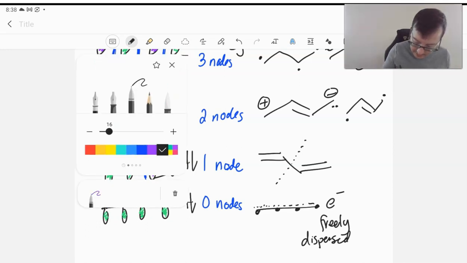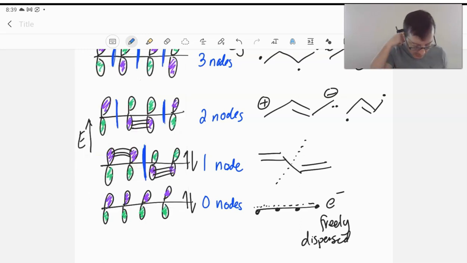Specifically, the 0 node orbital is so special, we typically don't see it doing a lot of things because it's very low energy. So it's already quite happy. But we can maybe get it to work sometimes.